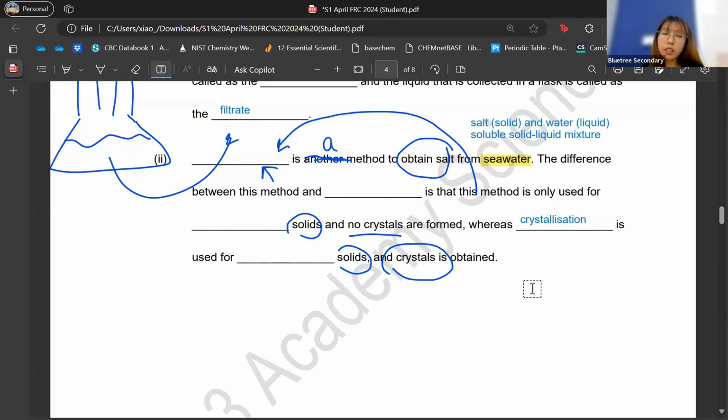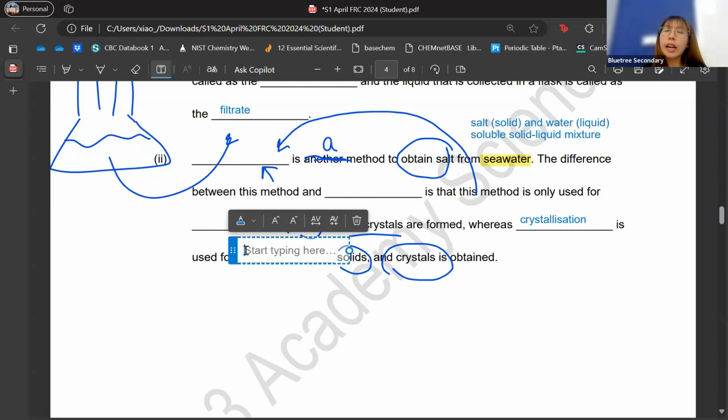So crystallization is the second method and is used for a certain type of solid. Likewise, what is the main difference between crystallization and the cousin of this method? It is that crystallization is used when the solid is not thermally stable, which is what we call heat unstable or thermally unstable.